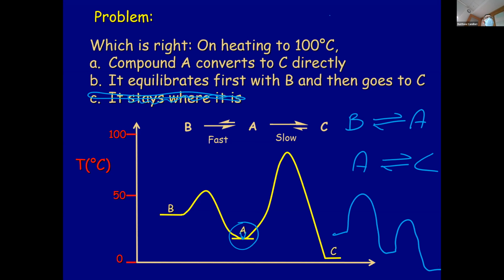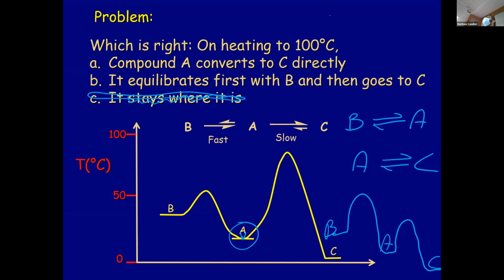Had the graph been something like this, okay? If you have enough energy to go from B to A, then you have enough energy to go to C. And so you say first it equilibrates with A and then goes to C. You consider A as a transition state?